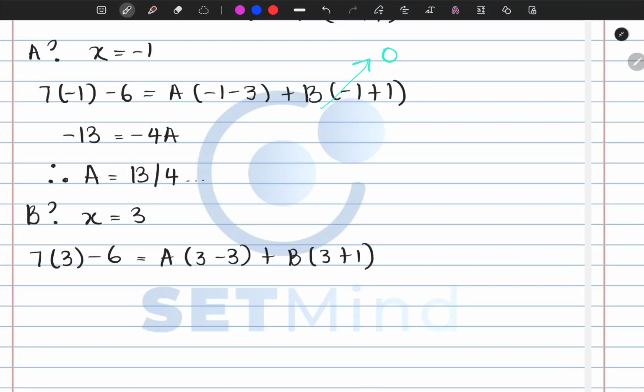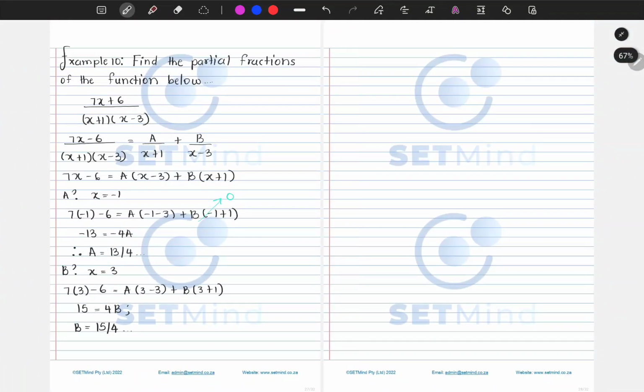If you look carefully, we'll end up having 3 times 7, which is as good as 21 minus 6, which is going to be equal to 15. And we'll have 4B there, which means our B is 15 over 4. So we now have found our answer.